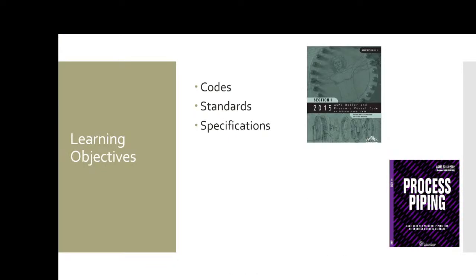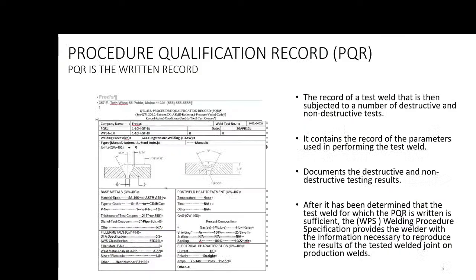Okay, so we're going to talk about codes here for a minute. You got to have the correct code. So a procedure qualification record, it's the record. Before we can talk about this, we really got to talk about what a procedure qualification record is, a PQR, so that we know what we're getting into when we're reviewing a PQR.